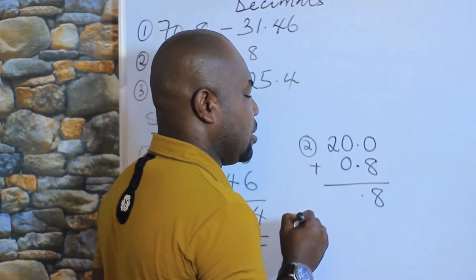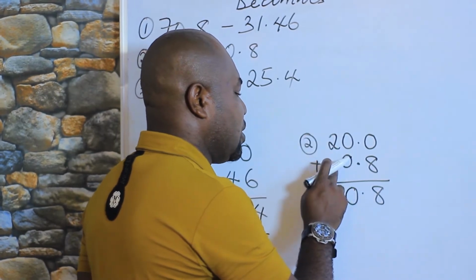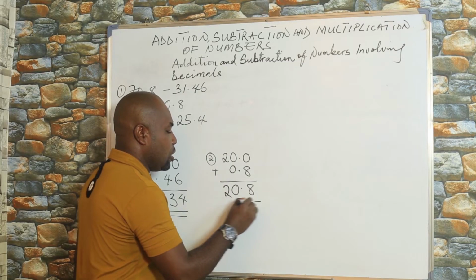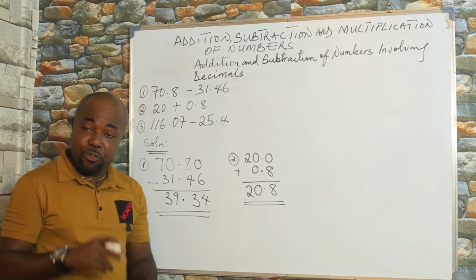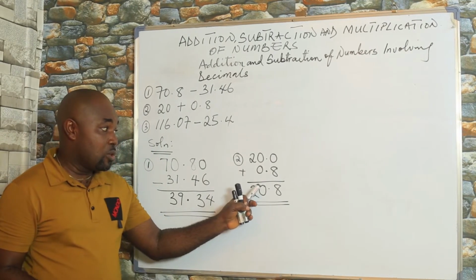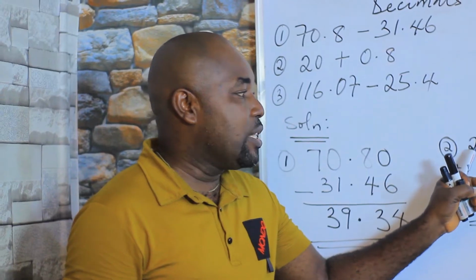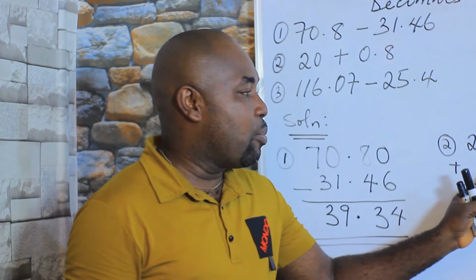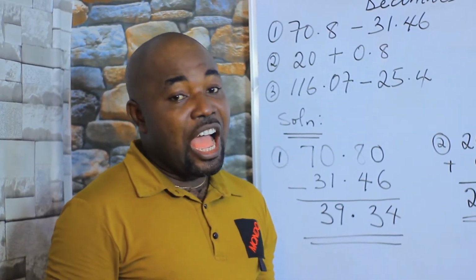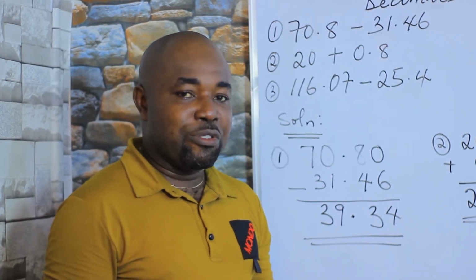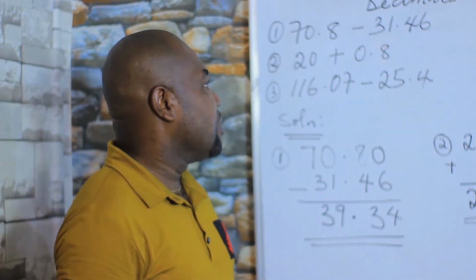This is our point, the decimal point. 0 plus 0 is 0. 2 plus 0 is 2. This is 20.8. You see, if you punch it, it will give you this result, showing that the 8 here is less than 1. So 20.0 plus 0.8 will give us 20.8. Are you following? This is addition of numbers involving decimal places.